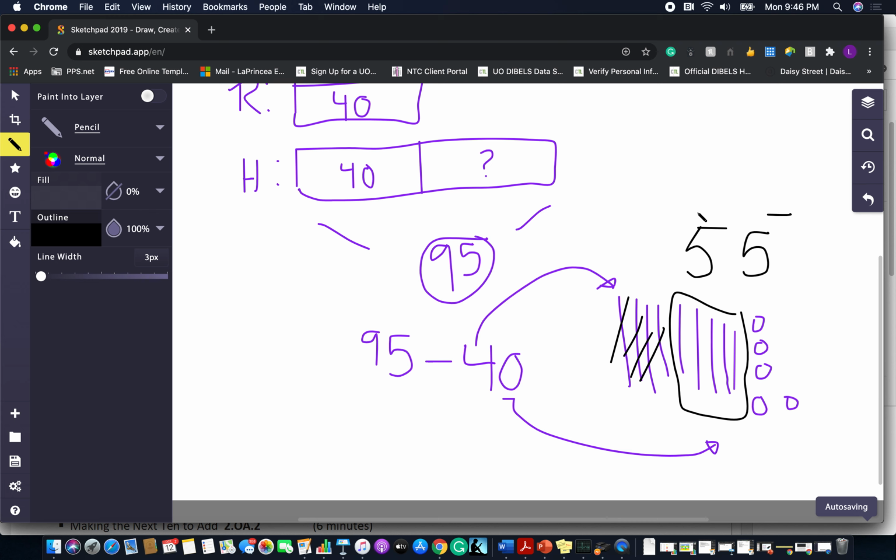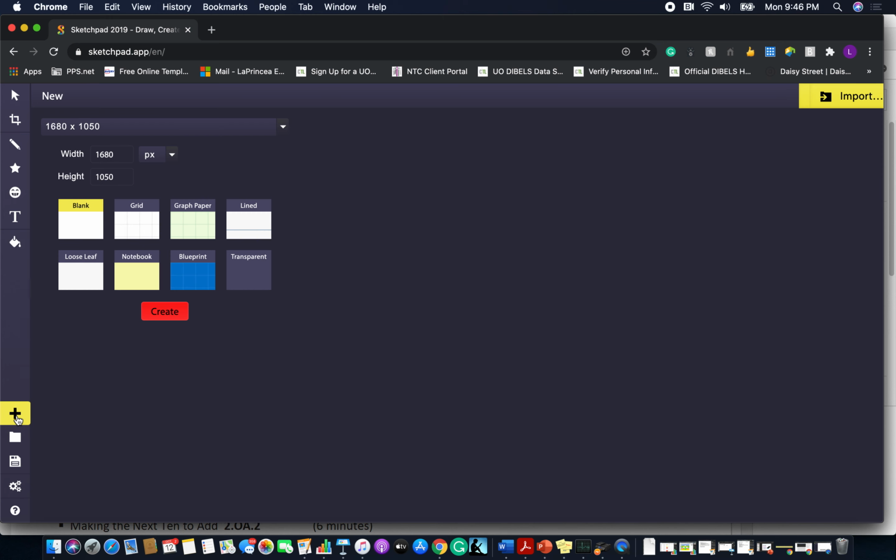And as you see, I made a little mistake. I forgot to draw another 10, so I put that in. That's why it's always important to go back and check your work, because sometimes you may make a mistake, and even I make mistakes too. So please don't be embarrassed. We all make mistakes. Just make sure you go back and try to correct them.